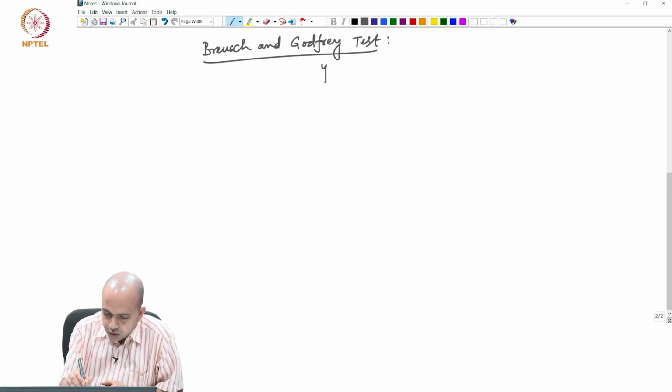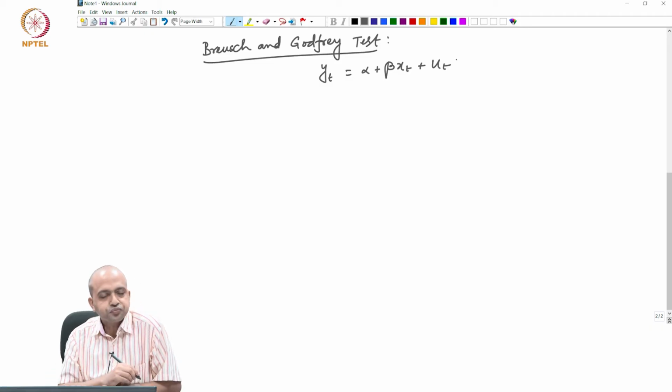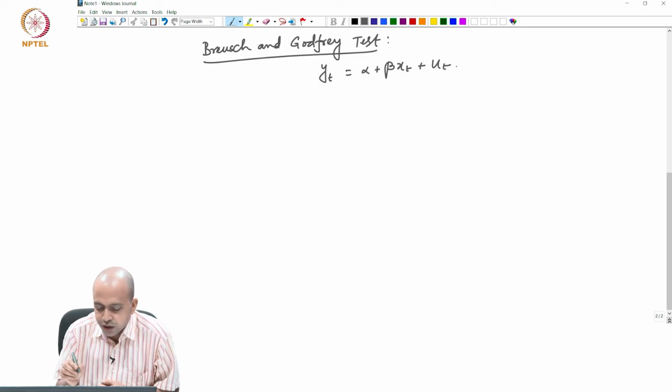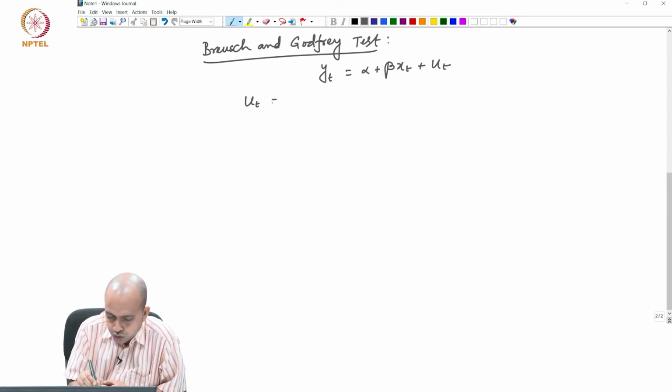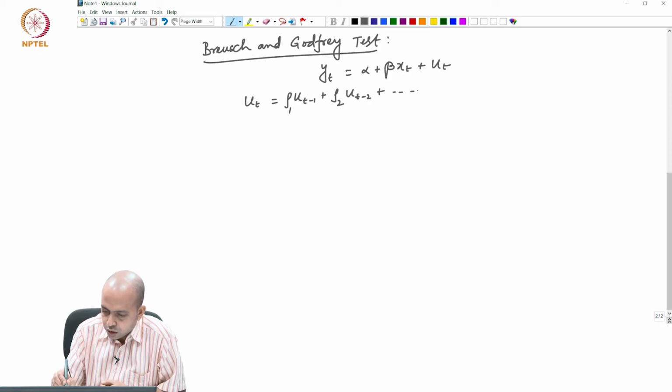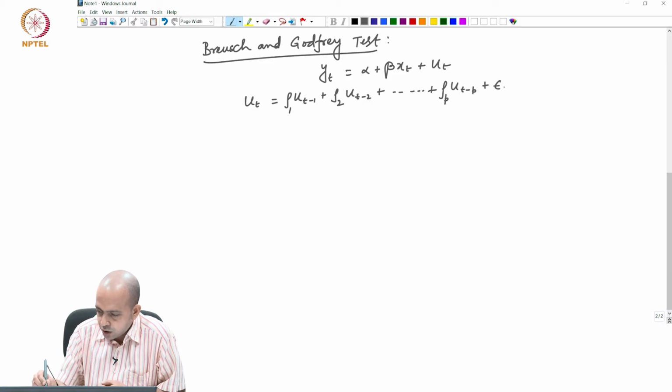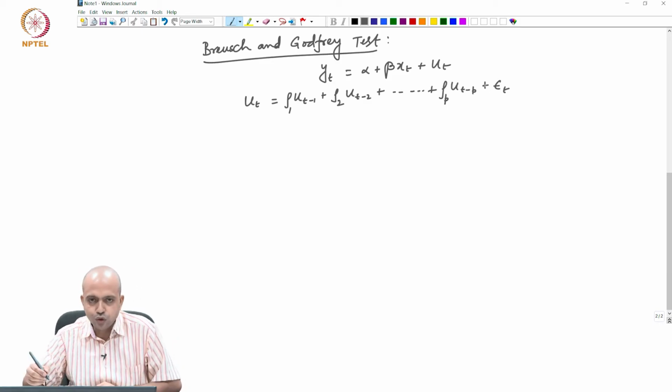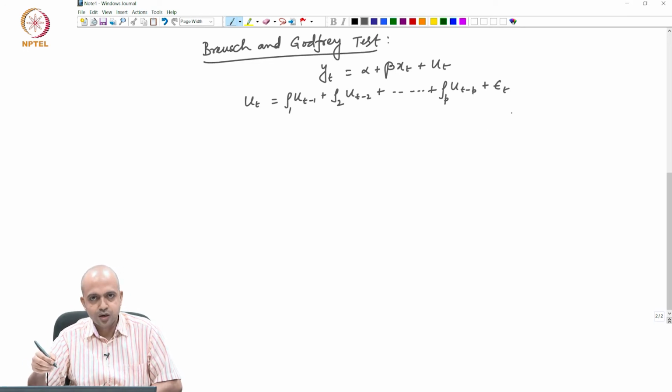So let us once again write our original model as y equals alpha plus beta xt plus ut, and the data generating process for the ut is now ut equals rho 1 ut minus 1 plus rho 2 ut minus 2 plus ... rho p ut minus p plus epsilon t, and epsilon t follows all the assumptions of the classical regression model.